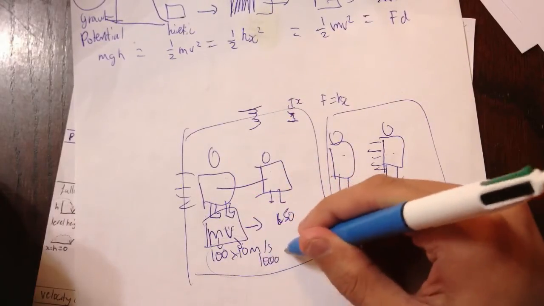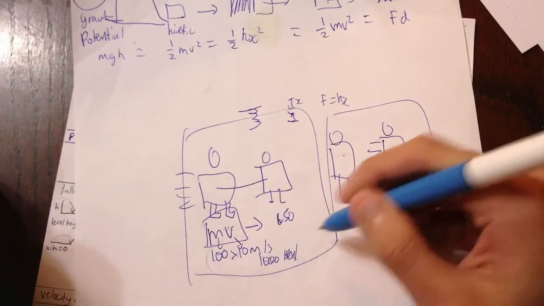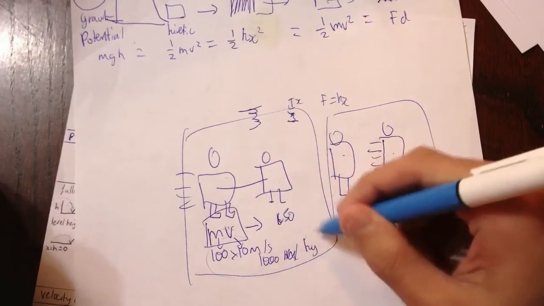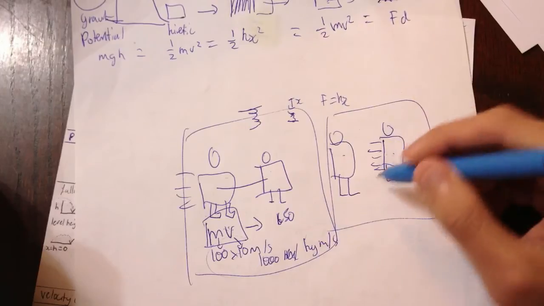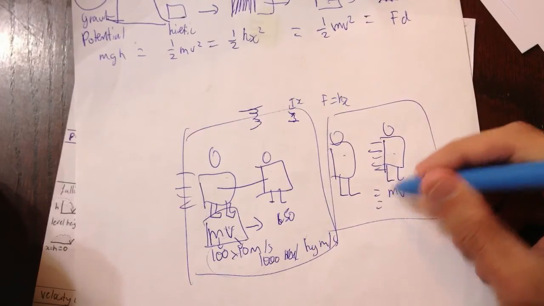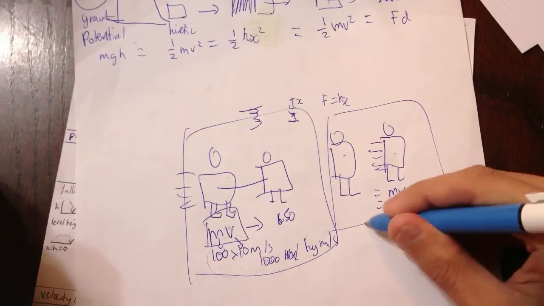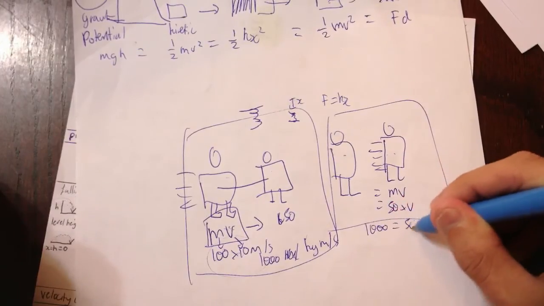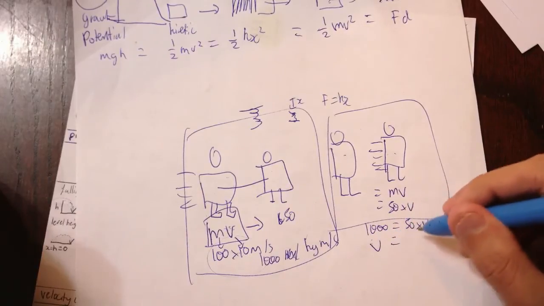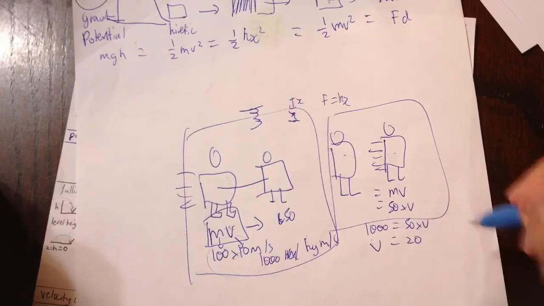The first system was 1,000 momentum units, in kilogram meters per second. And that equals mv again, your mass times your velocity. 1,000 equals 50 times v. Cancel that over, v equals 20.